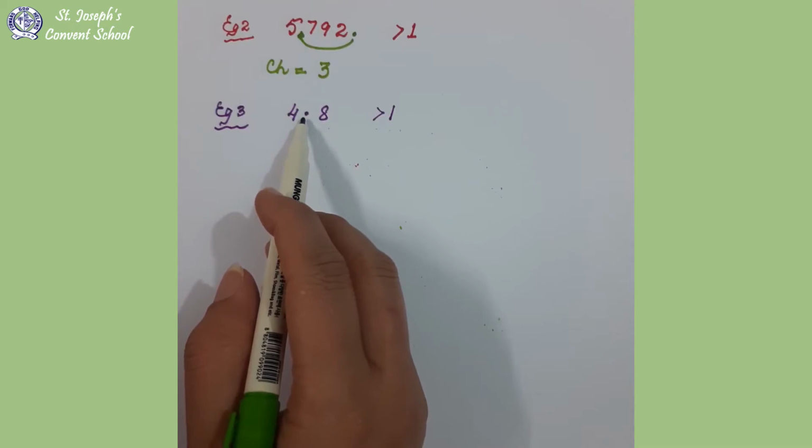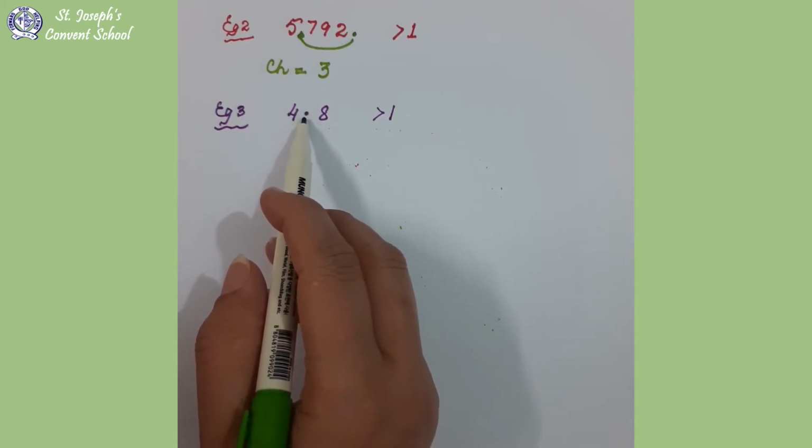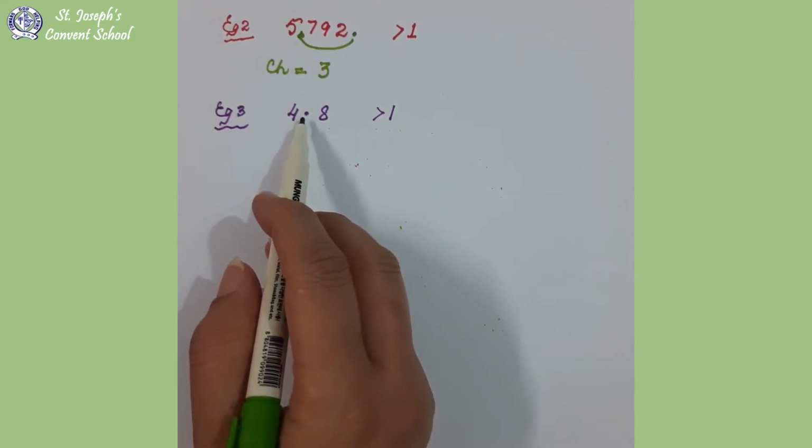After this you will shift, and you can see this decimal is already after the first non-zero digit, so it means that there is no need to shift the decimal.